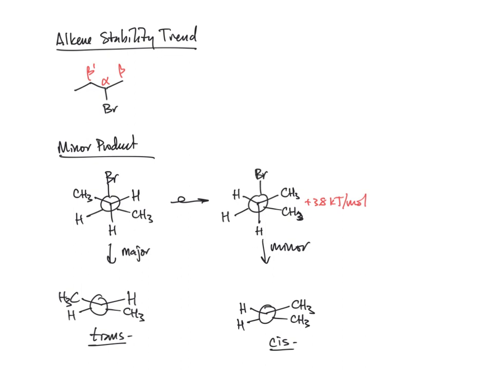So whenever you're doing an elimination reaction, you really want to put things into a Newman projection because it will help you visualize geometry that's formed trans versus cis. So now the trace product is coming from deprotonation of beta. So again, this is beta. You're now looking down this Newman projection.